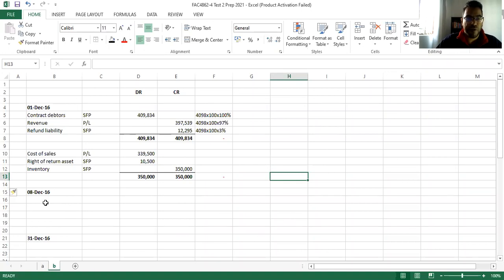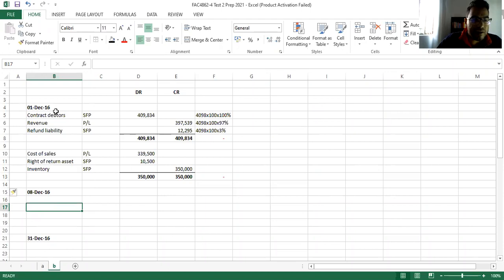When they returned the computer, they no longer owe us for the computer. So therefore debtors needs to decrease. Debtors is an asset, so assets are decreasing, and assets decrease on the credit side.